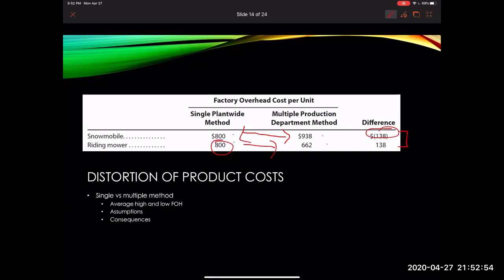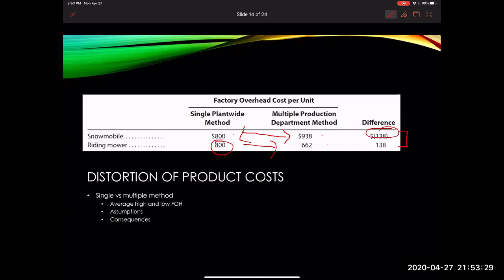But under the single plant-wide rate method, they just say, okay, I don't care how much each product spends in each department. We're just going to average the low and the high, and whoever gets what, right? That was one of the flawed assumptions when dealing with the single plant-wide rate. It assumed that each product consumes the resources the same. And under the multiple production department method, we have realized that all products are not created equal, right?